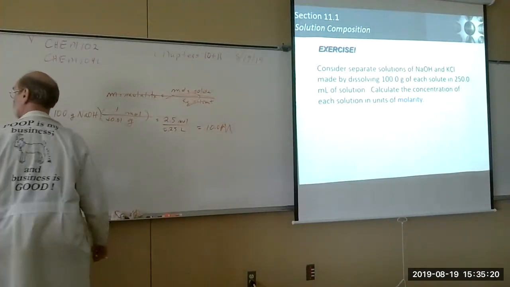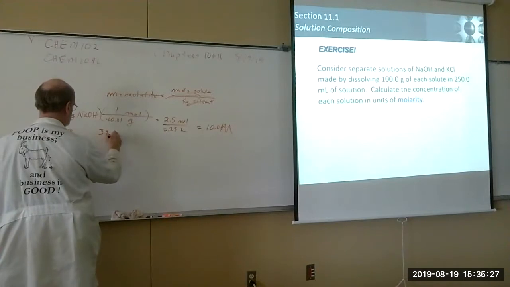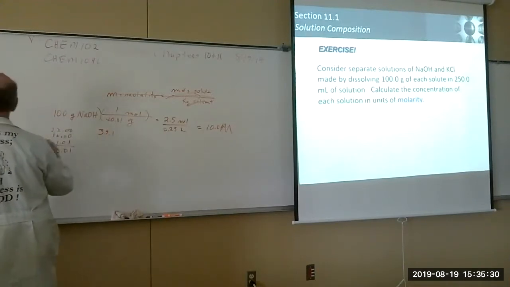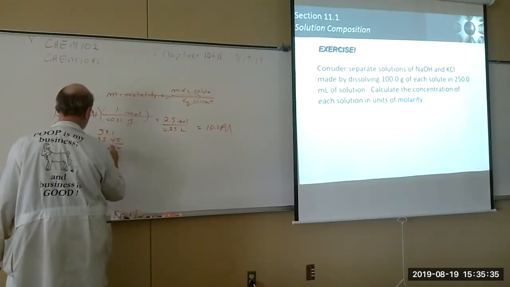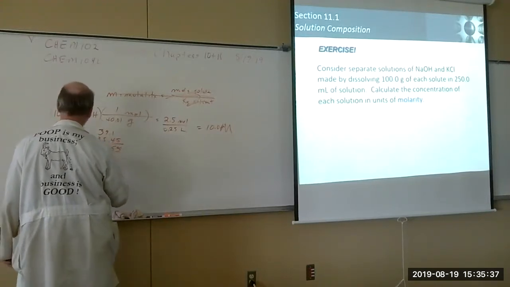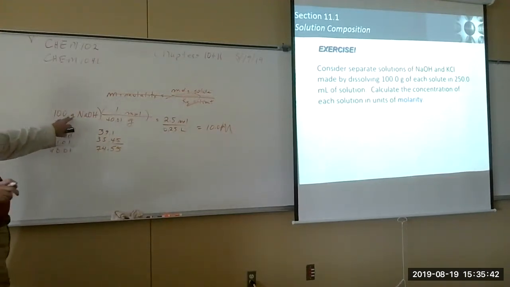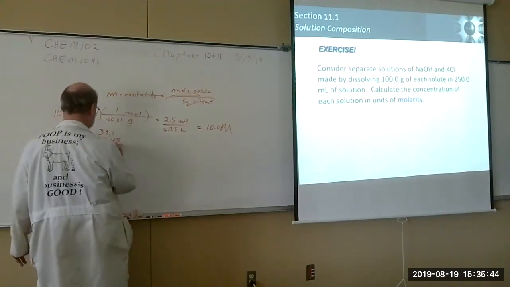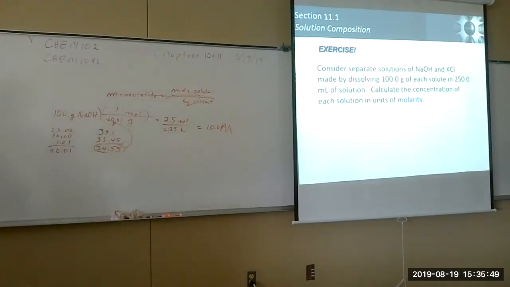Potassium chloride would be 39.1, and chlorine is 35.45. You do the 100 again. They're both 100 grams. So we substitute this one in here, divide that into 100. That's 74.55.